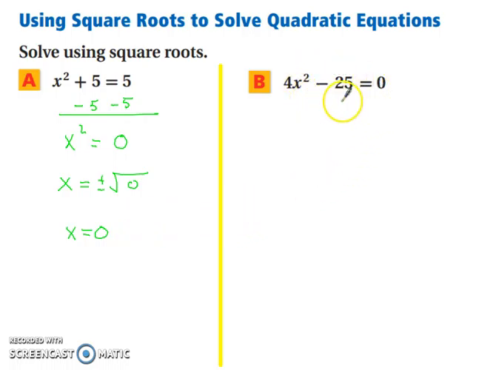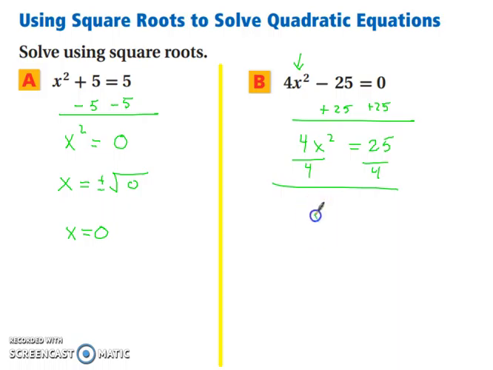In this one here, we have a couple steps we need to do. Remember, we want to get this x squared by itself before we start using our square roots. So we're going to add 25 to both sides. And we have 4x squared equals 25. Then we're going to divide by 4 on both sides. Once again, trying to get this x squared by itself.